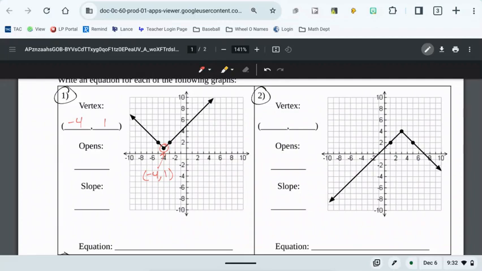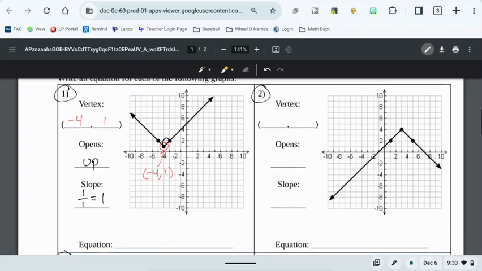And now we want to go ahead and find our slope, but we have to also decide which way it opens, right? So the graph is open facing up, which means our slope is going to be positive. So we go up 1 to the right 1. That's a rise of 1 and a run of 1, which equals a slope of 1.